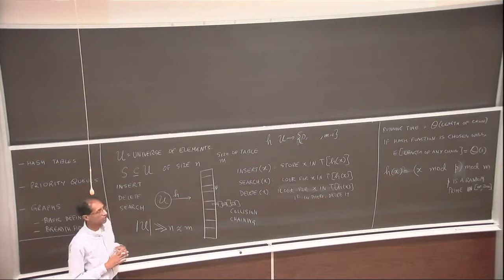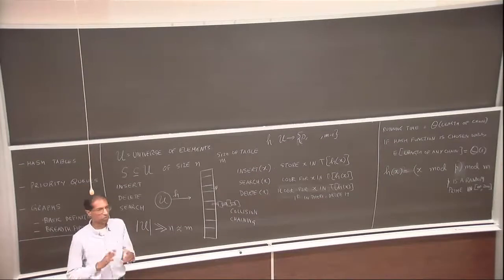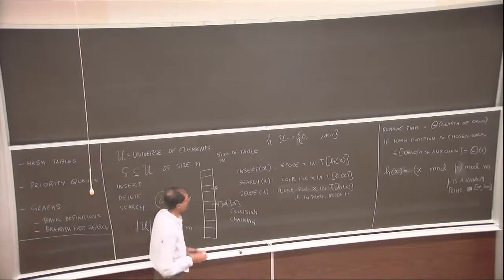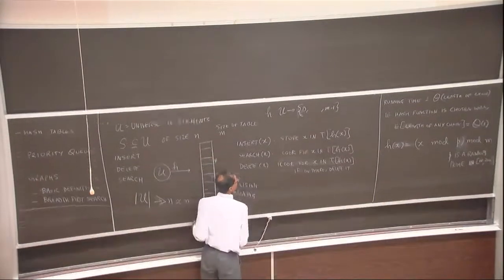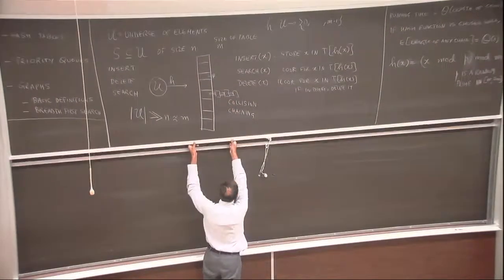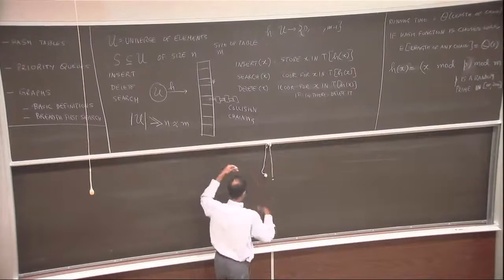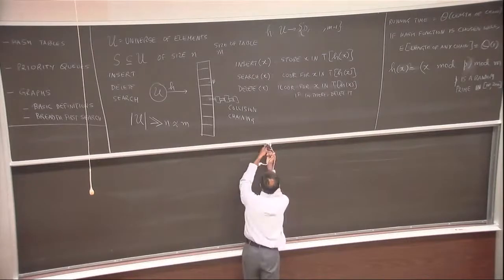Let's say we have complete randomness available to us, whatever we could do. So then what an ideal hash function could be is the following.